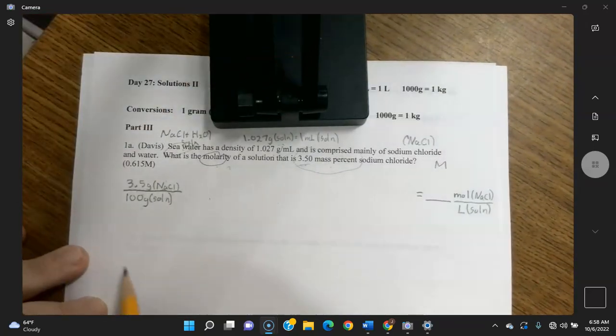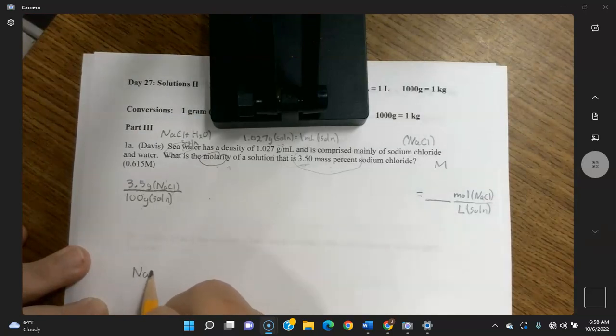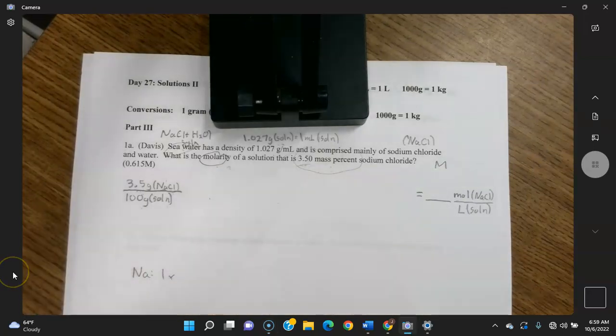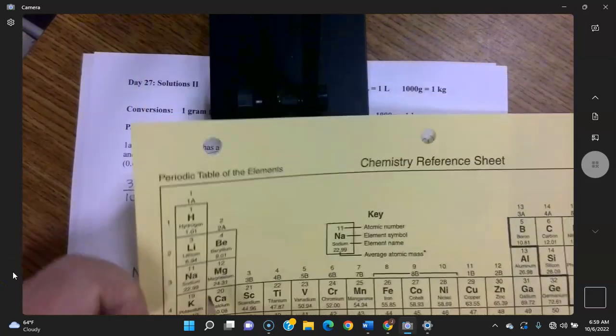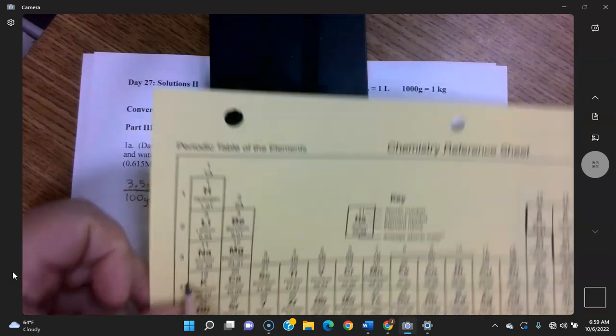So way down here, so I can get out of the way, I'm going to calculate the molar mass of NaCl. So Na, you have one of those. Okay, so we bring in our periodic table, and sodium, Na, is 22.99 right there.